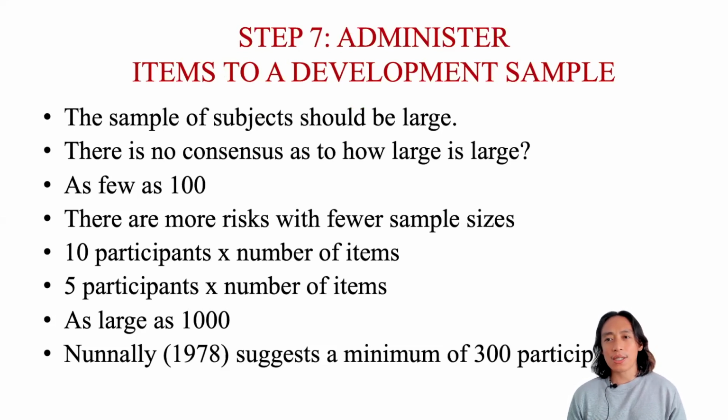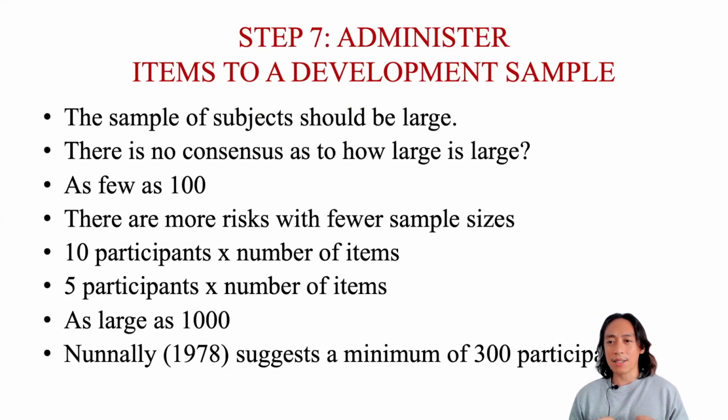Other literature suggests that there should be 10 participants per number of items. So let's say, for example, if you have a 20 item scale, then that would mean that you need 200 participants, because 20 times 10 is 200. Yet again, there is some literature that suggests 5 participants multiplied by the number of items is ideal. It can also be as large as 1,000 participants.